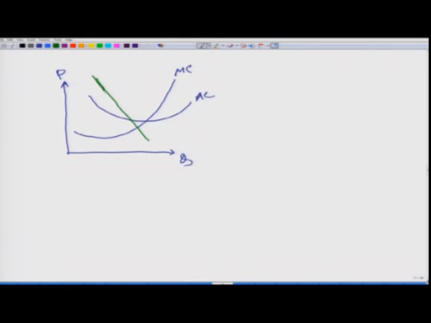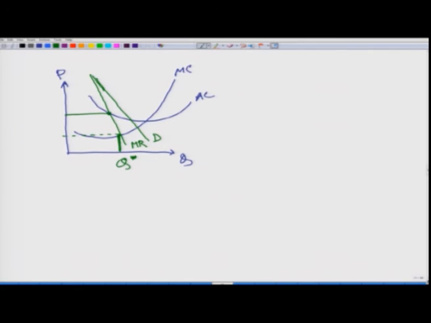That's because of diminishing returns to scale, and then this can be the marginal revenue. So this is demand, this is marginal revenue, and if I draw a straight line where my marginal revenue and marginal cost meet, this is my Q star. This is my optimal output, what I am going to produce.